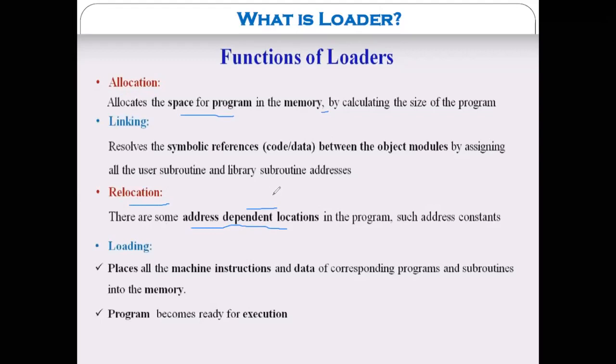When the source program gets translated into the object program, that object program also comes with certain addresses from where the instruction has to be executed. If the instruction cannot execute from that given address, then the addresses of such instructions have to be changed. Changing and modifying those addresses is called relocation. That functionality is also performed by the loader, and the main task is loading the machine instructions and data into the main memory.